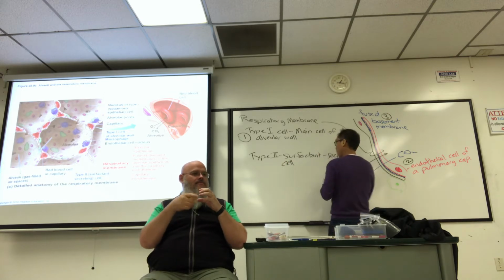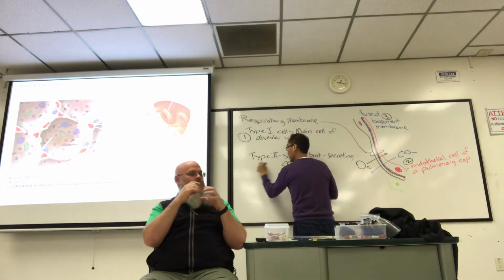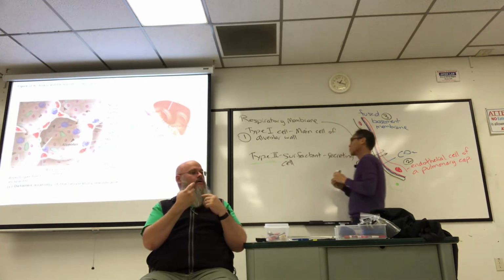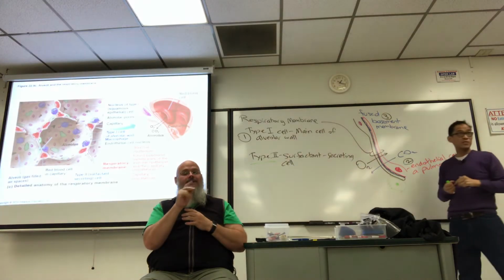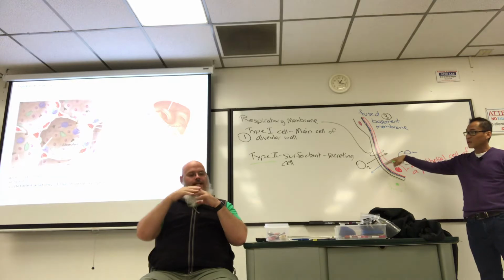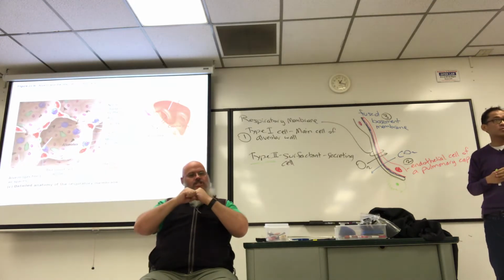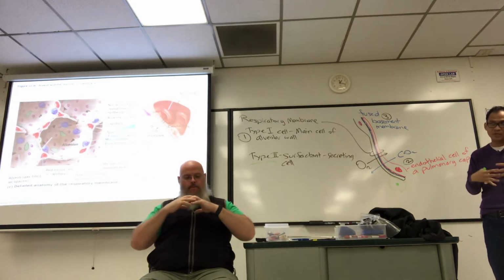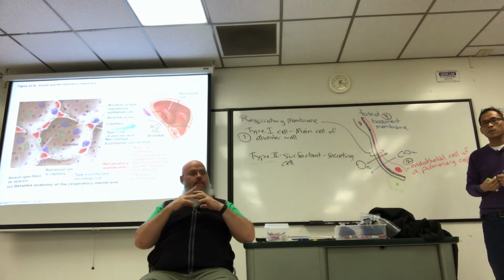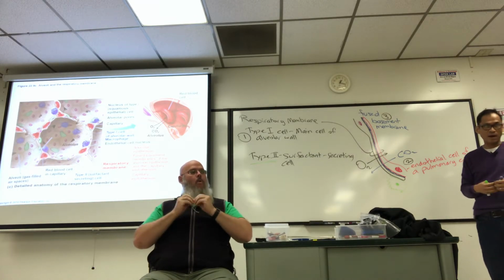It's the little green blob I drew there, type 2. Surfactants are very important. They break the surface tension of all the water vapor lining the alveolar spaces. If you can break that surface tension, it makes the lungs more compliant. They're easier to inflate with air.